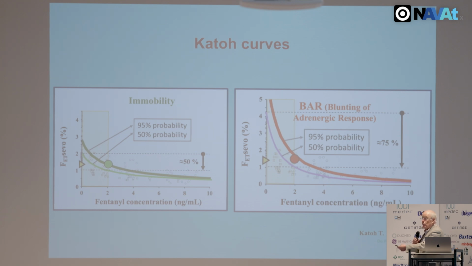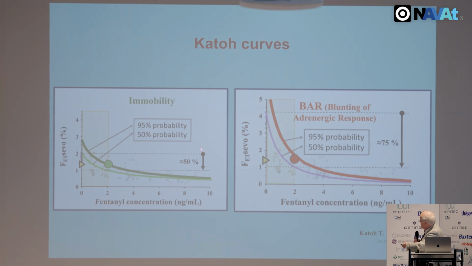So again, that's a good starting point for providing analgesia. If you give a dose like that, 2 nanograms per ml, you're not going to have a patient who is overly narcotized and will have a delayed wake up. And it will help you during the anesthetic to provide a higher probability of immobility.